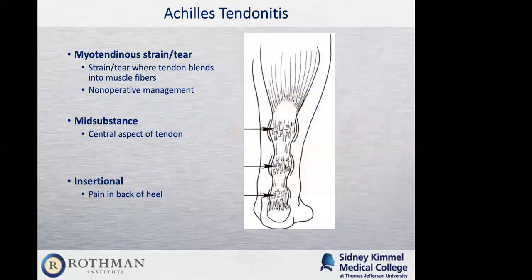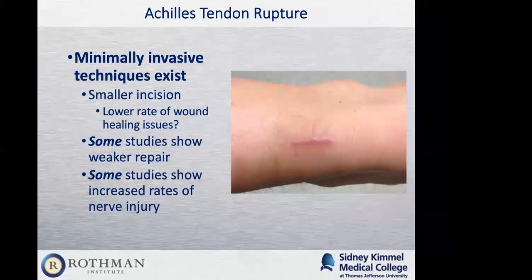So now we'll move on to Achilles tendonitis, and this will be the last entity. Real quick, Dr. O'Neill, there was a question. Sure. How long can you go if you have a tear in the Achilles before you reach full rupture? Okay. So a patient has a tear in the Achilles tendon, but it hasn't ruptured. Correct.